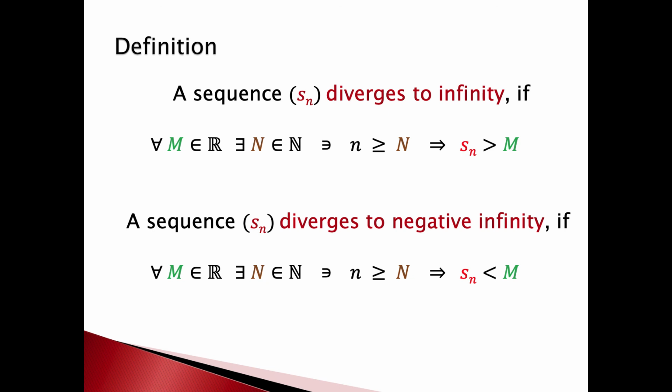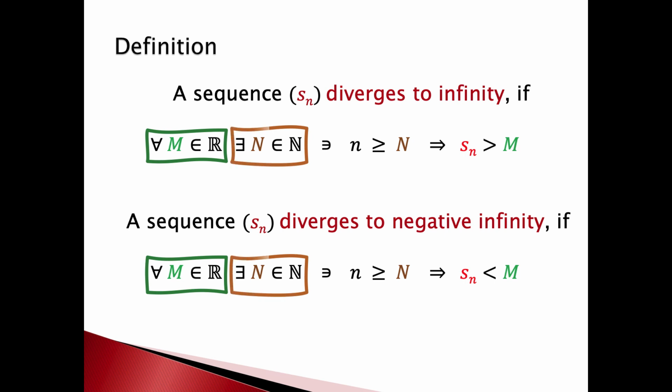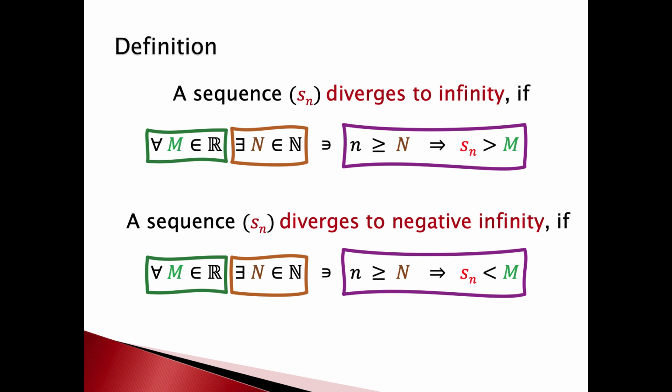Now, if we look at this definition closely, you'll see that the structure is exactly like the structure for the definition of convergence of a sequence. We have a for every M now instead of for every epsilon. Then we have to show that there exists a capital N, just like before. And then we have this implication to prove.